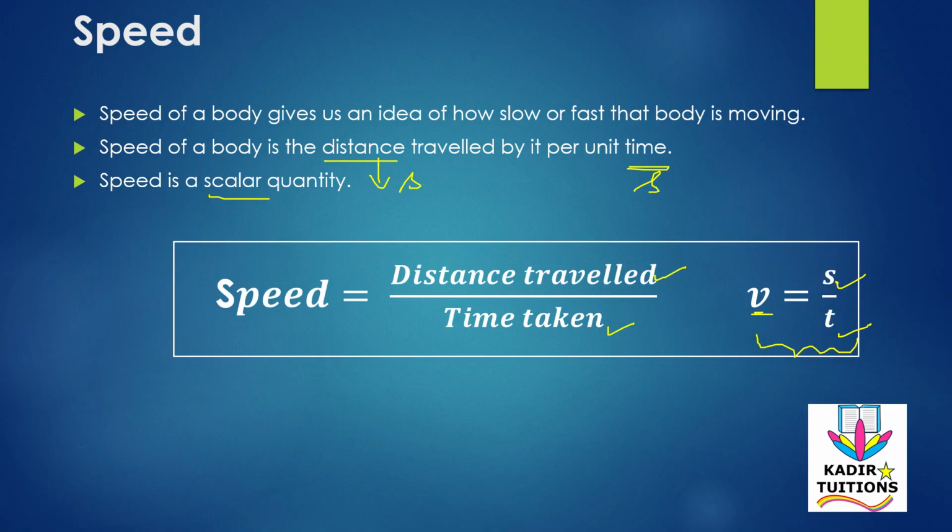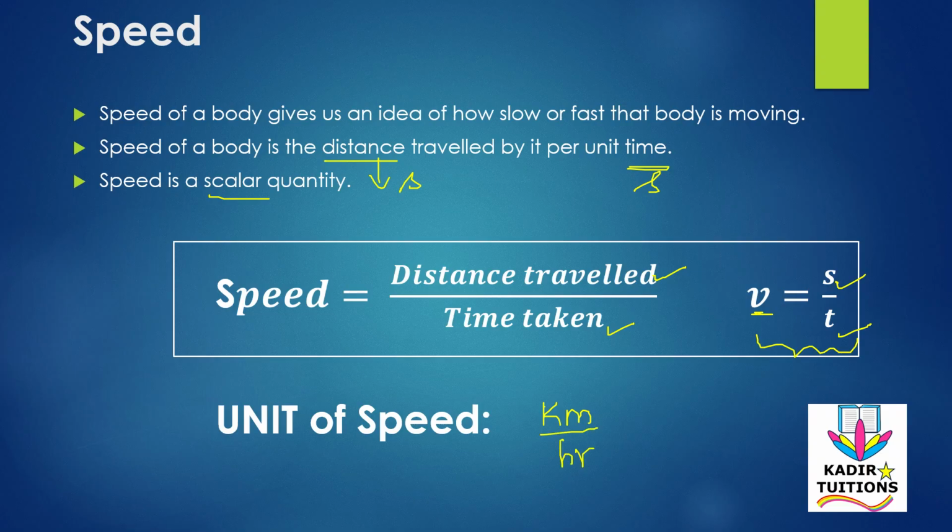Then we will see the unit of speed. How can we define the unit of speed? What is speed? It is distance traveled. So what is the unit of distance? I can take it as kilometer. If you take the distance as kilometer, then it is a must to use the time taken in hour only. Or we have one more formula also.